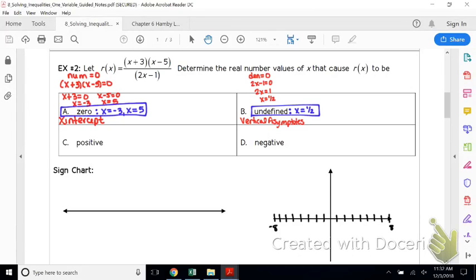Now, I'm not going to scale my y-axis because maybe all of my numbers might not fit on there. And let's go ahead and graph our vertical asymptote.